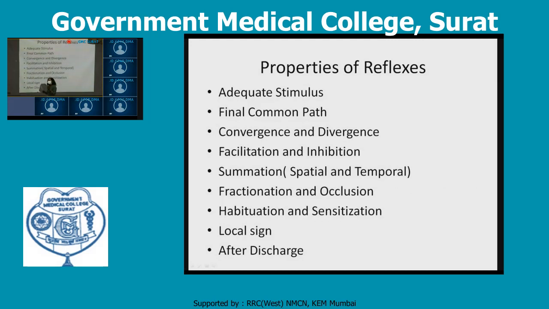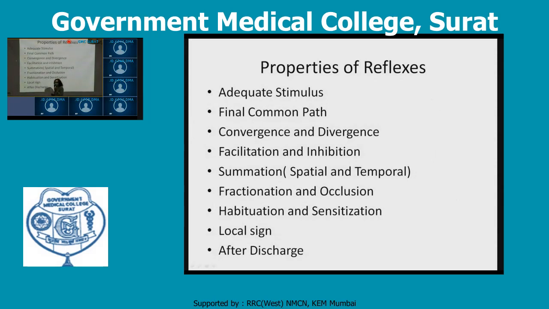So for eliciting any reflex, the stimulus should be adequate, then only the reflex is elicited, otherwise it will not be elicited. That is, an adequate number of motor neurons should be recruited.